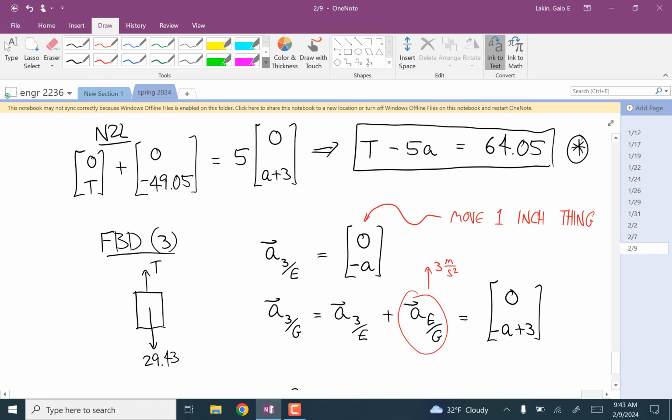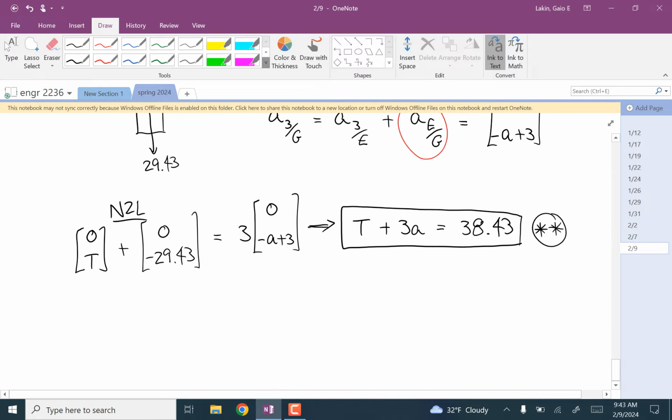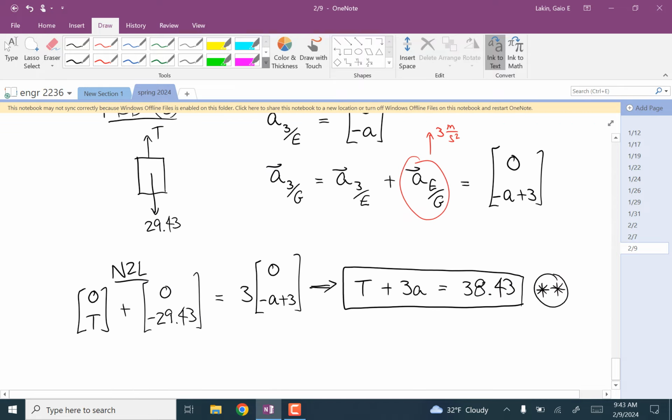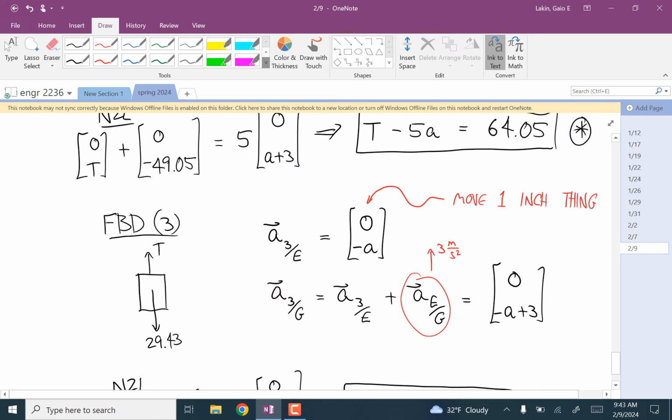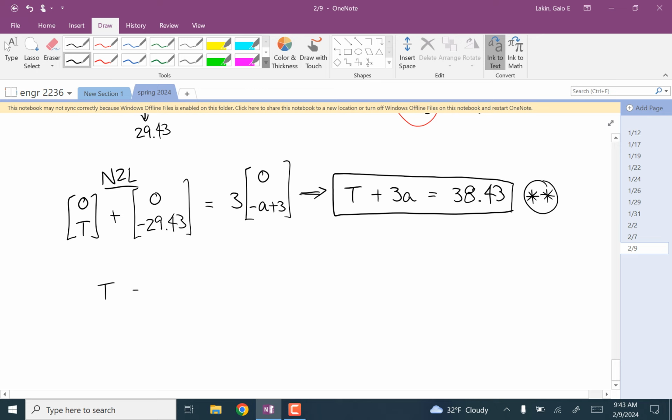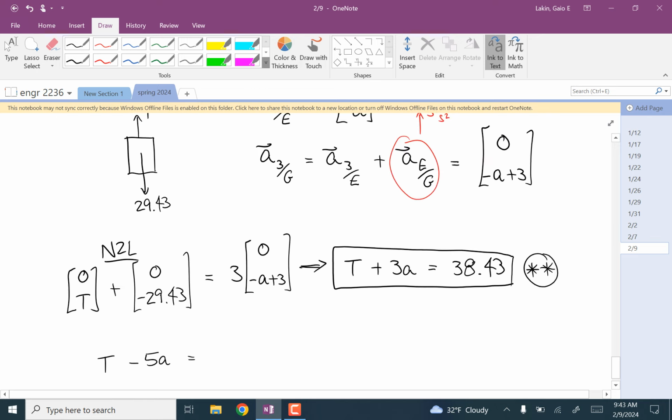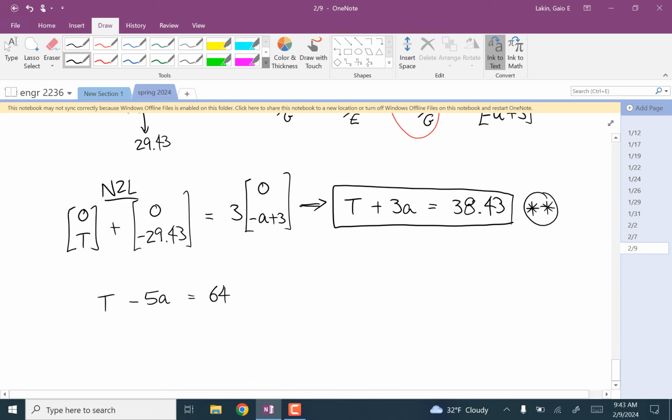Okay, now we have this system of 2 equations for 2 variables. So we can go, let's say, t minus 5a is equal to 64.05. And I'll subtract this second one, so minus t minus 3a is equal to minus 38.43.